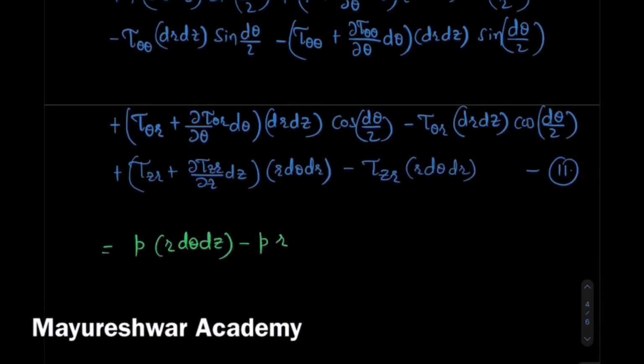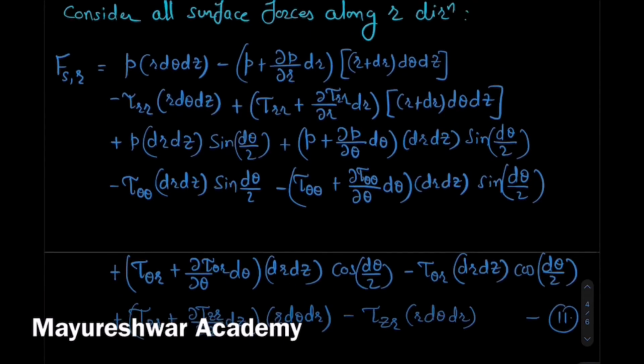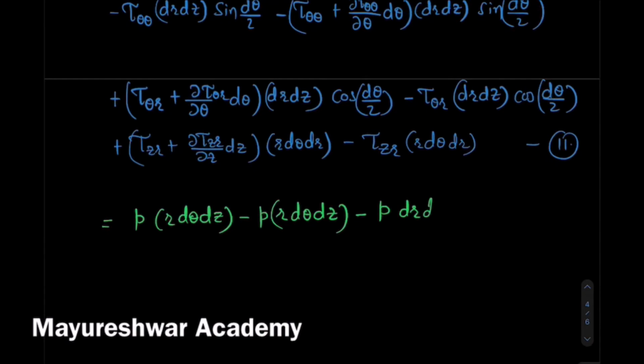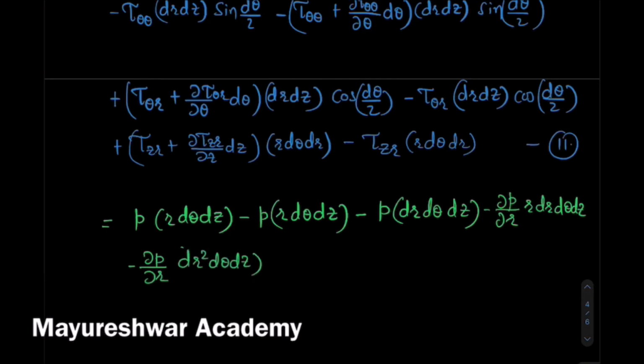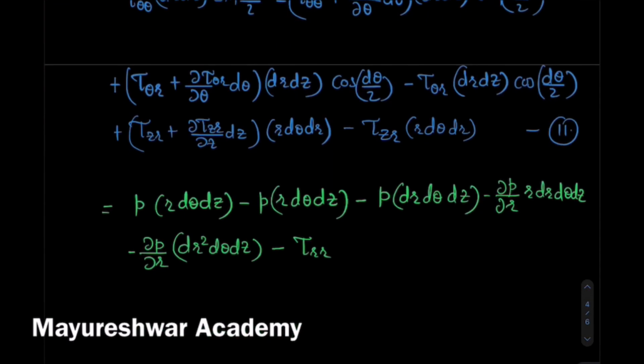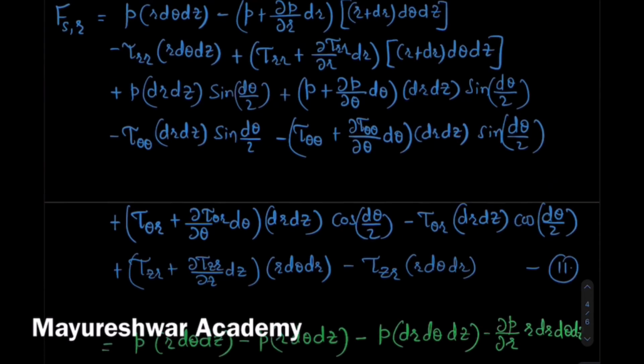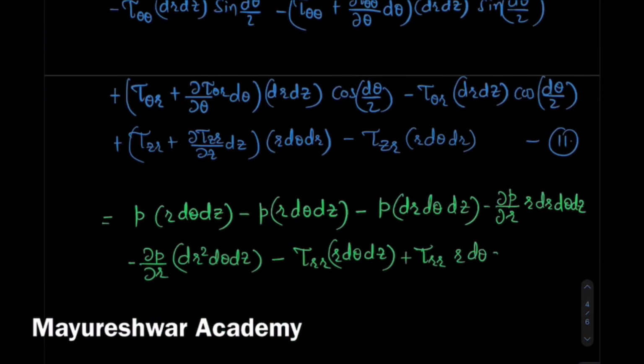So this term is going to be minus p into r d theta dz, minus p into dr multiplied by d theta into dz, minus pressure change along r direction into r dr d theta dz, minus dp dr squared d theta dz, minus tau rr, which is a normal stress, into r d theta dz, which is the same area component.